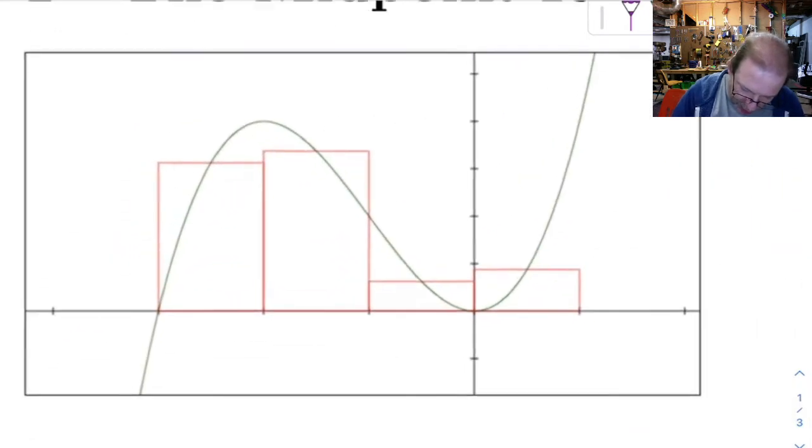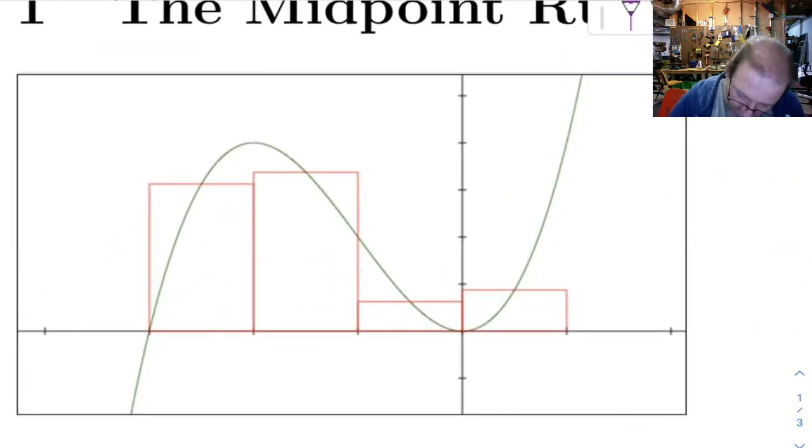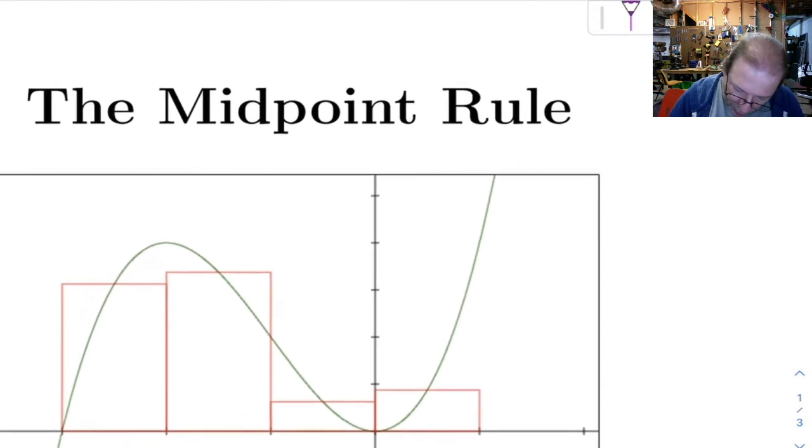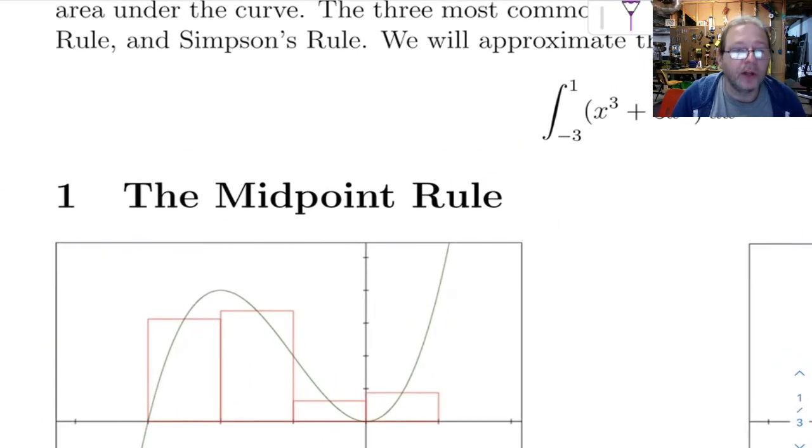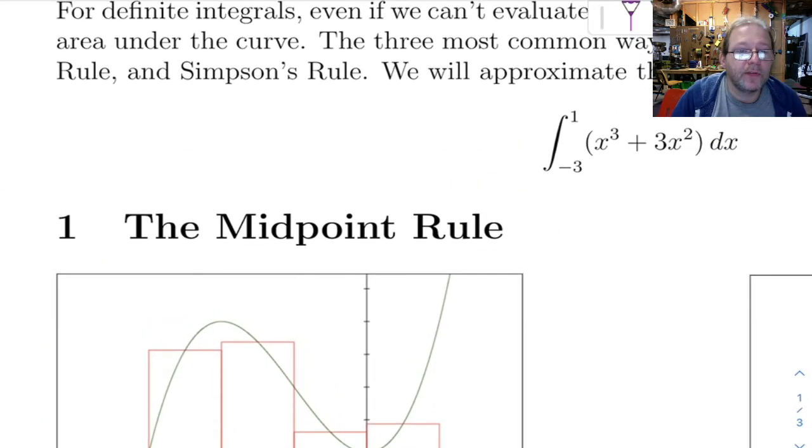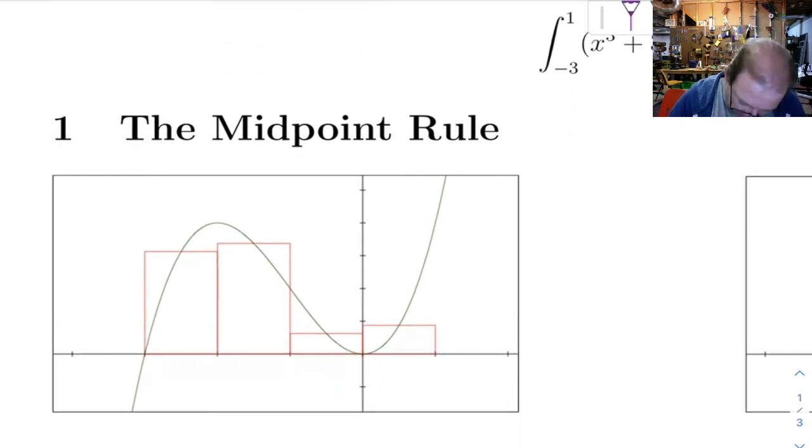So in this example here, this is the integral from -3 to 1 of x cubed plus 3x squared. So this is -3, this is 1, and we're doing four intervals, 4 rectangles.